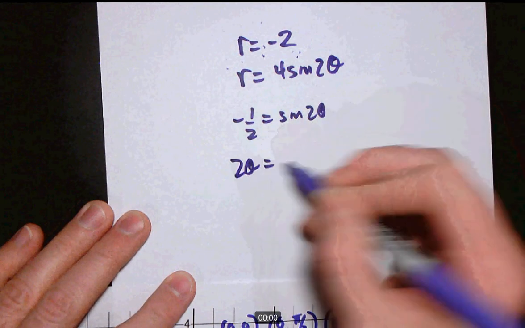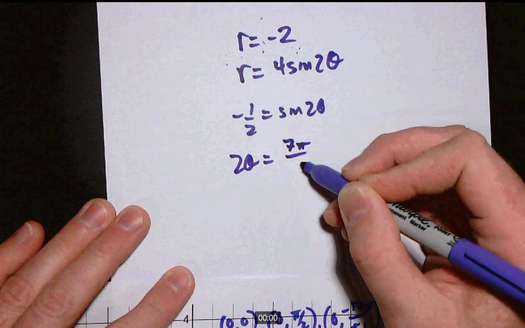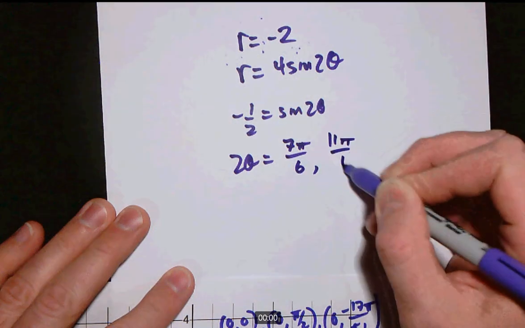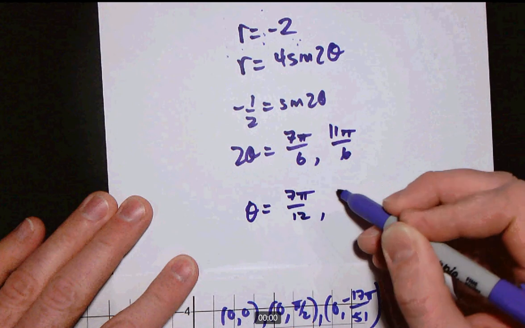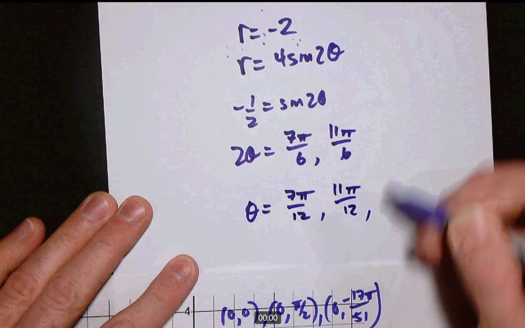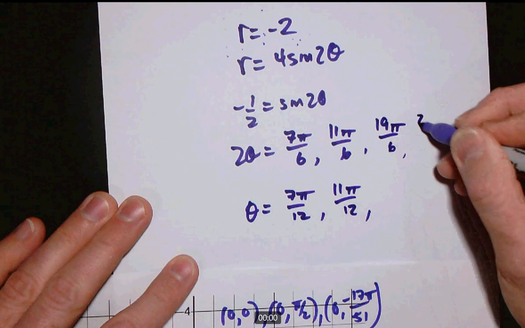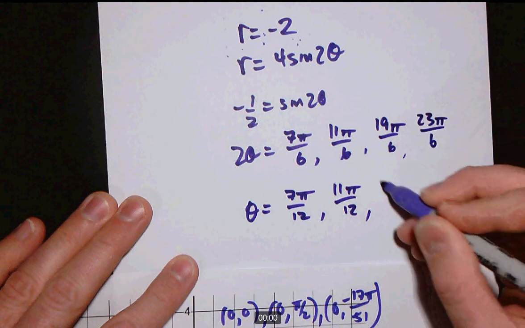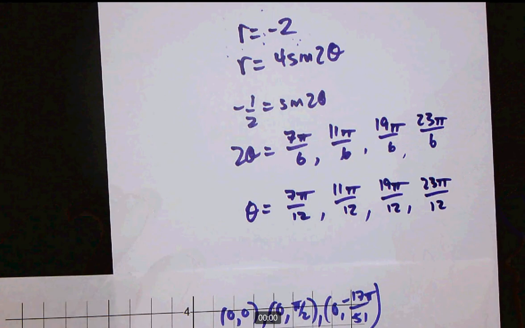So 2 theta is where sine is negative 1/2. That's 7 pi over 6 and 11 pi over 6. And that means that theta is 7 pi over 12, 11 pi over 12, and so on. So we could get 19 pi over 6 and 23 pi over 6, which will give us 19 pi over 12 and 23 pi over 12.